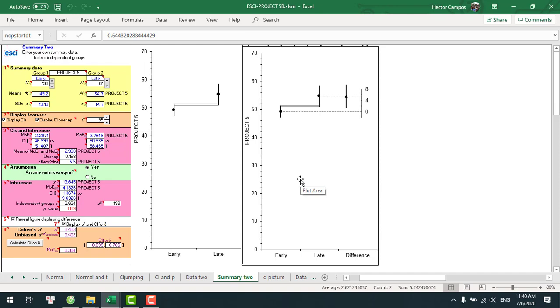Well, notice that when we look at the difference and the confidence interval of the difference between the two groups, it doesn't go through 0. So no 0, no H0. In other words, we reject the null hypothesis. Also, when we look at the amount of overlap between the two groups, we see that there is very little overlap. So if there's little overlap, then that also means that we are going to reject the null hypothesis.